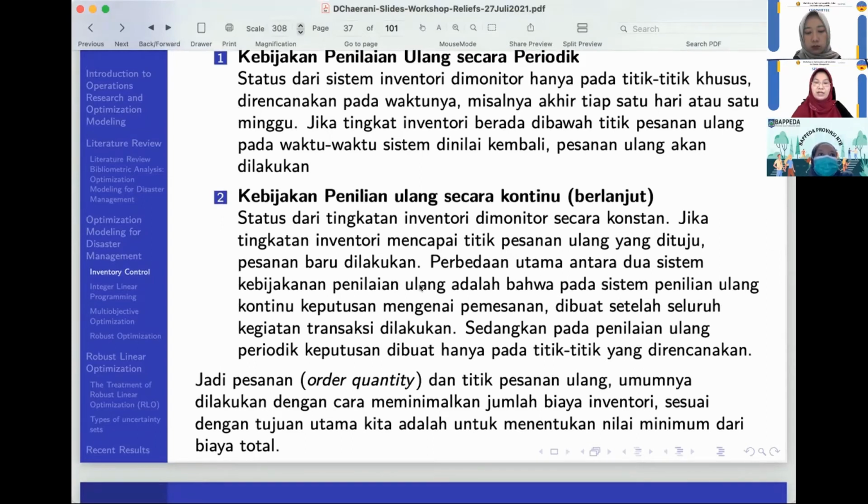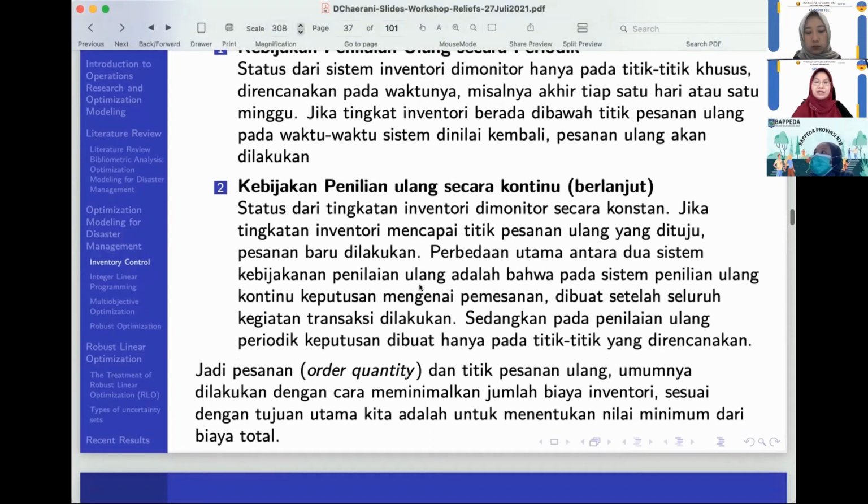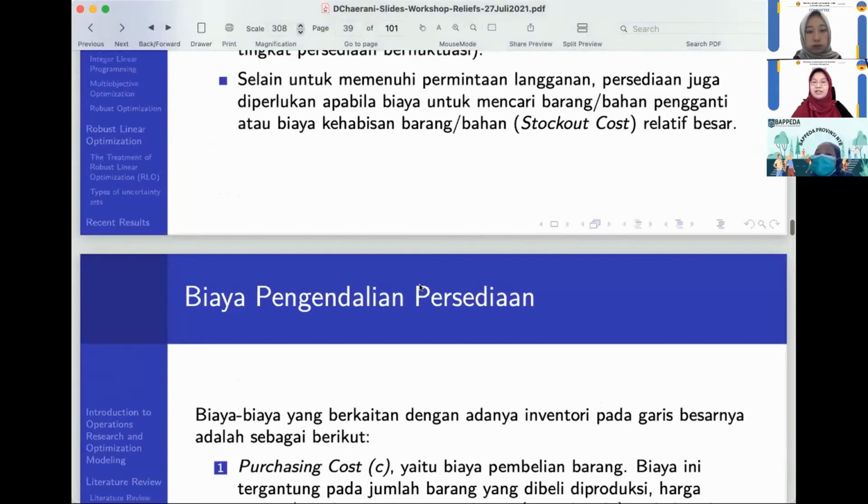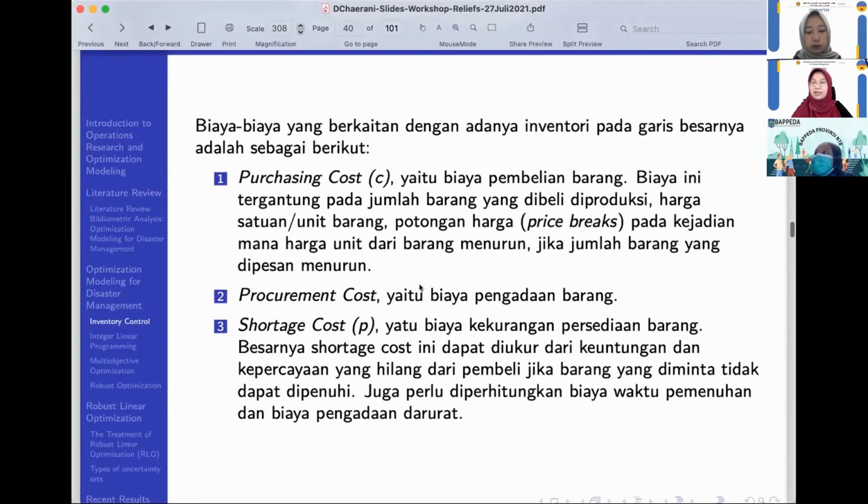Kemudian masalah pengendalian persediaan lain: biaya yang terkait dengan inventory, yaitu purchasing cost, procurement cost atau pengadaan barang, dan shortage cost.